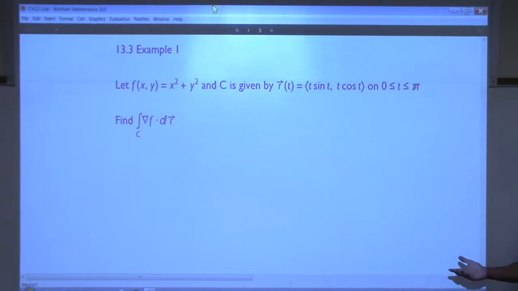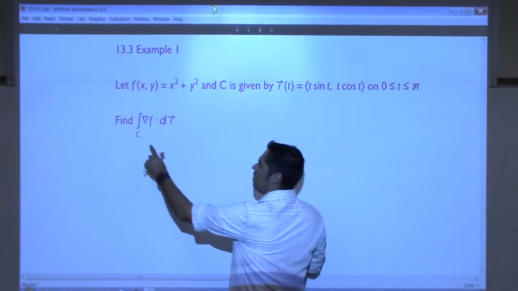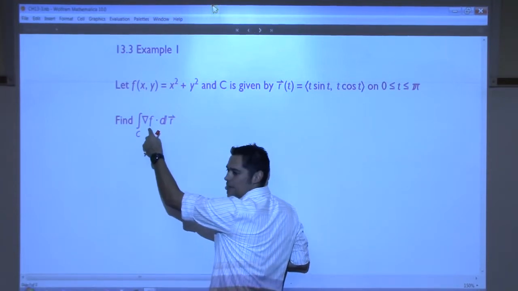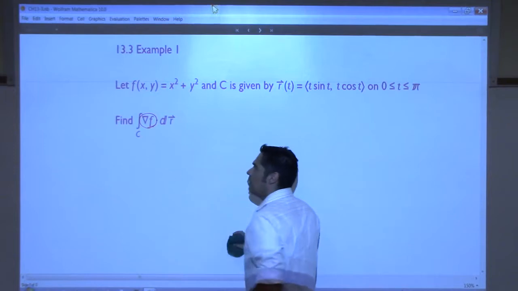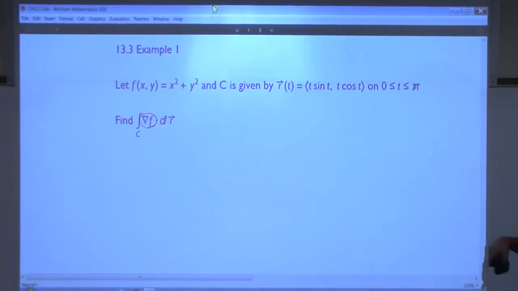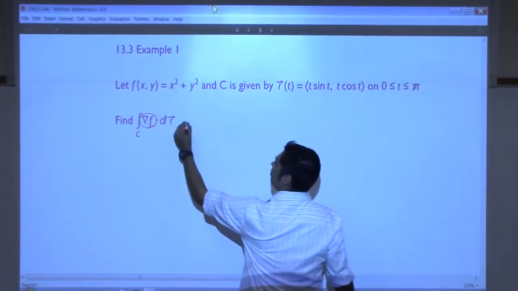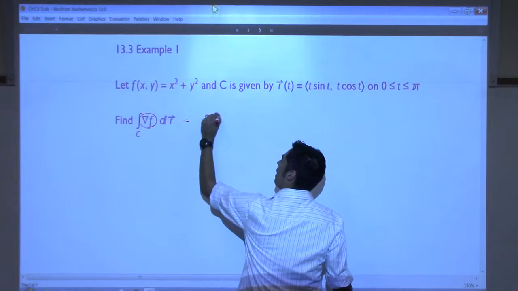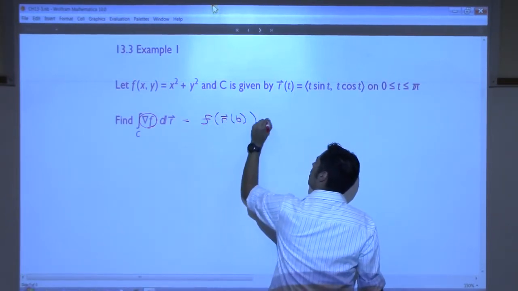Yes or no? Yes, because they're asking us to find the line integral of the gradient of f. And we know that if this is the gradient of little f, then it's conservative because it came from a little f. So I know that the fundamental theorem of line integrals holds here. So all I have to do is evaluate f at the two endpoints of the curve.